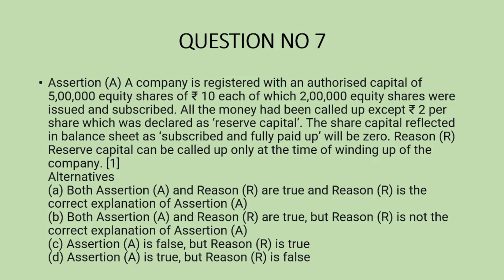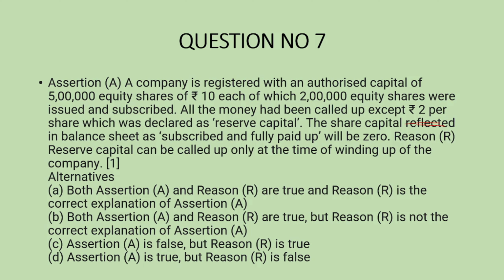A company is registered with an authorized capital of 5 lakhs equity shares of rupees 10 each, of which 2 lakh equity shares were issued and subscribed. All the money has been called up except rupees 2 per share, which is declared as reserve capital.